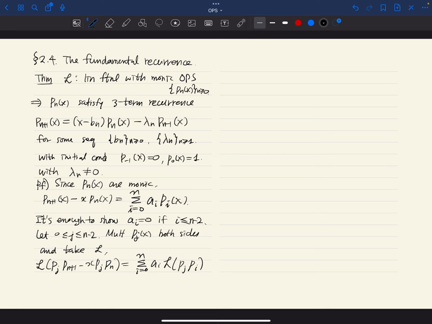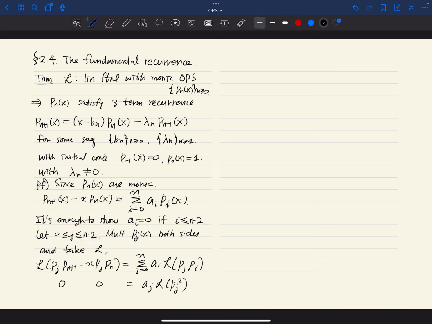What happens? On the right hand side, only a_j survives, because if i is different from j, it will be 0. Orthogonality. So we only have one term here. But look at this. They are different because j is at most n minus 1. So this is 0, right?